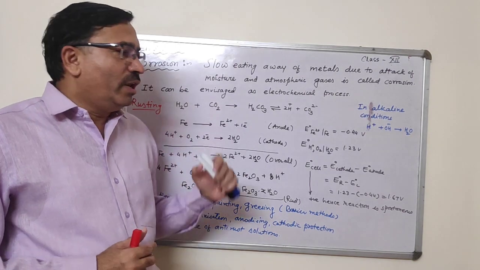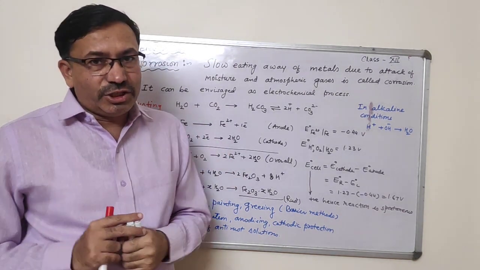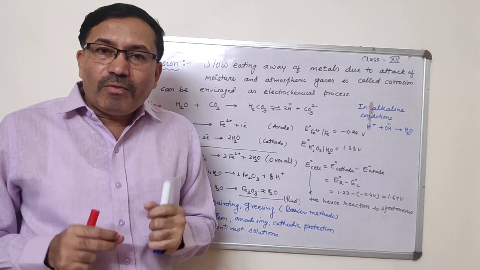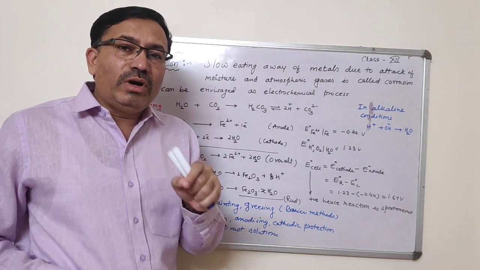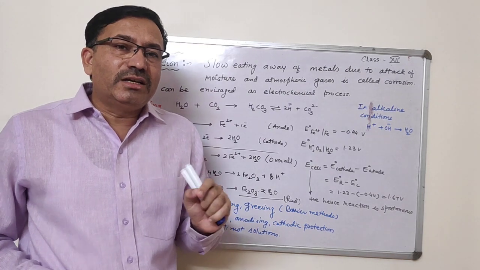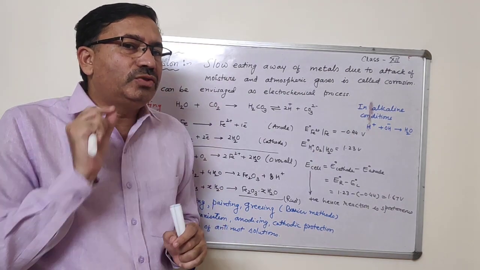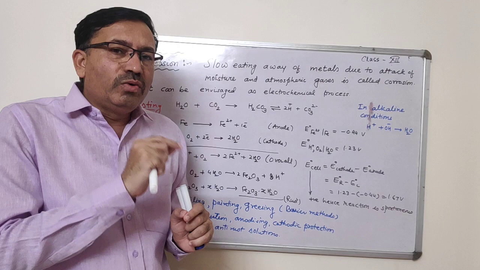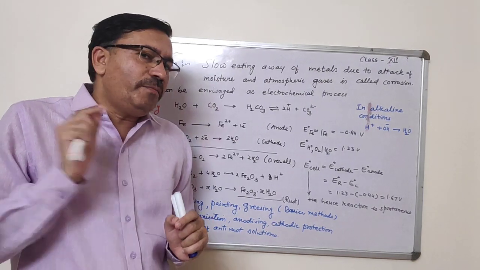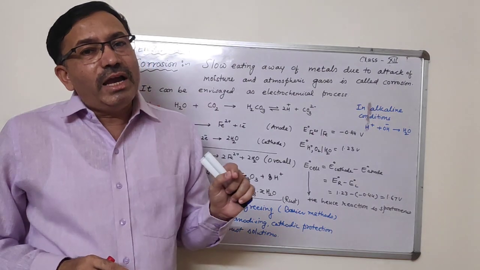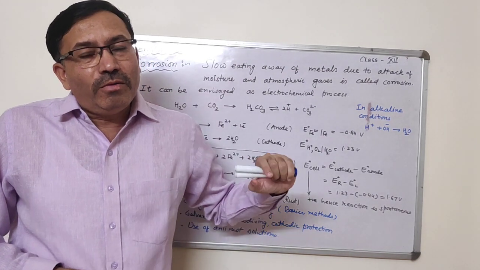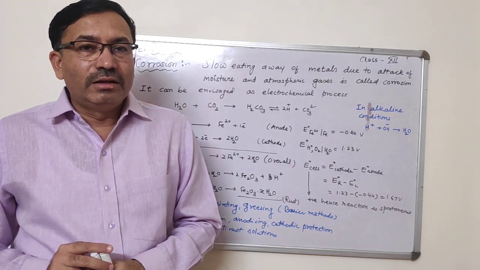When you look at the kinetics of this reaction, the speed of corrosion is very slow. And thermodynamically, rusting is Fe plus 3/2 O2 plus xH2O giving Fe2O3.xH2O, and the entropy of the system is decreasing.